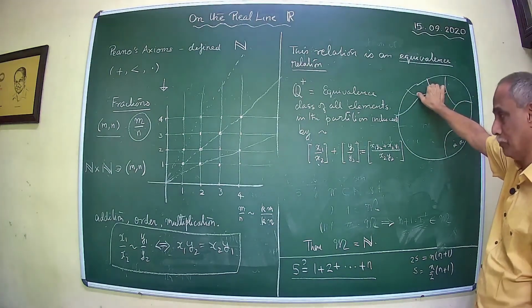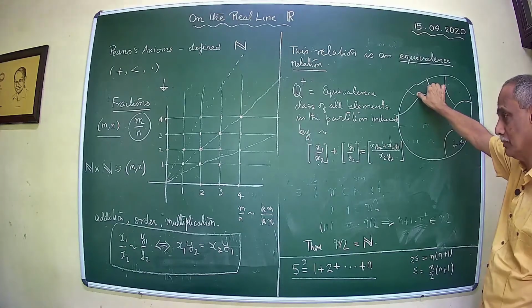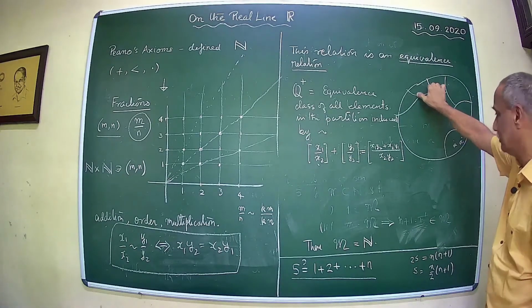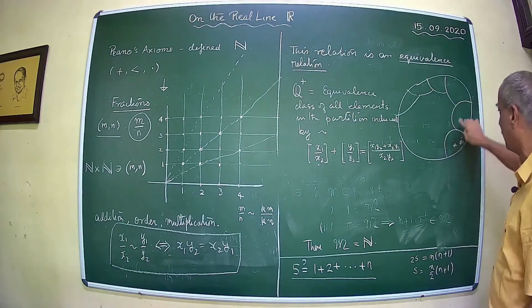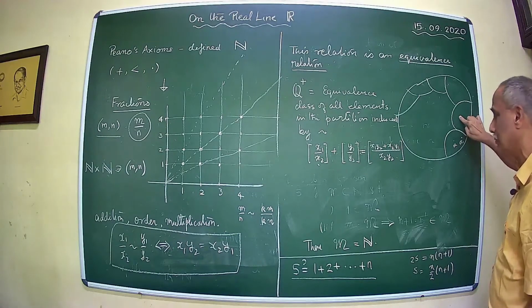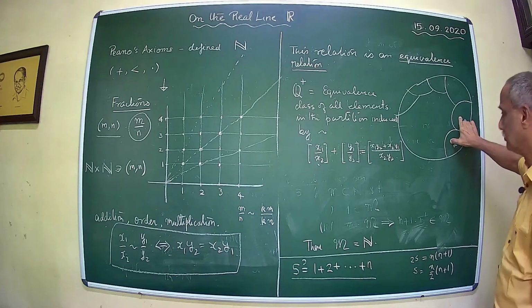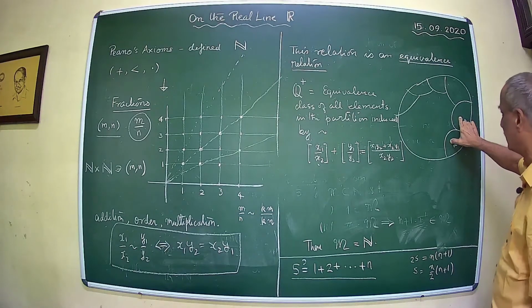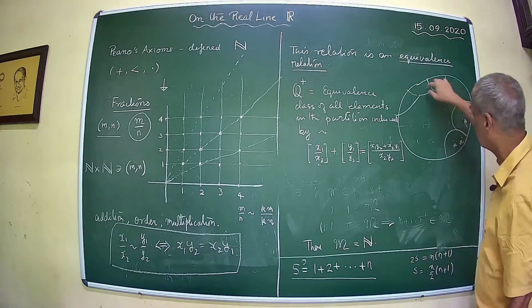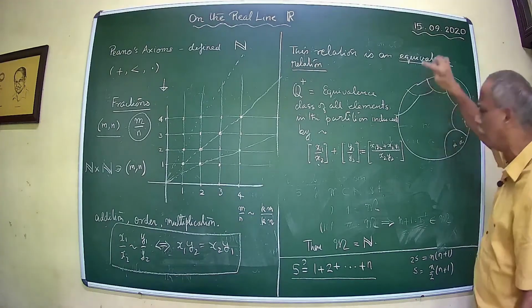This is my plane. How do I do that? Pick an element from here, pick an element from here. They are fractions. You know how to add fractions. Add the fractions, and the sum should lie in some box.